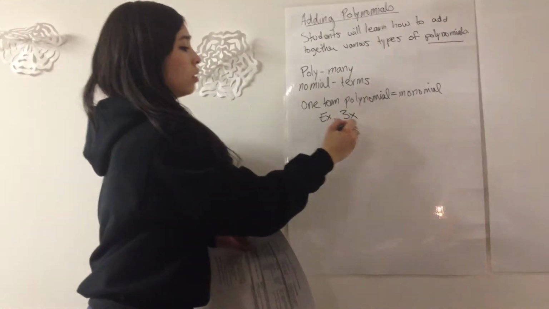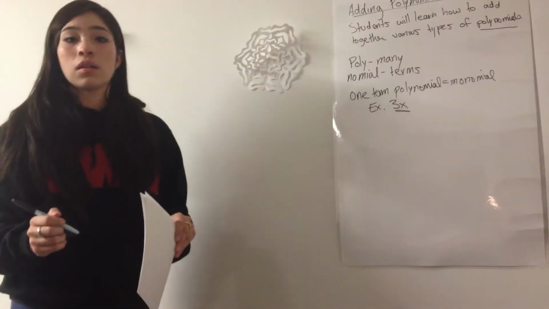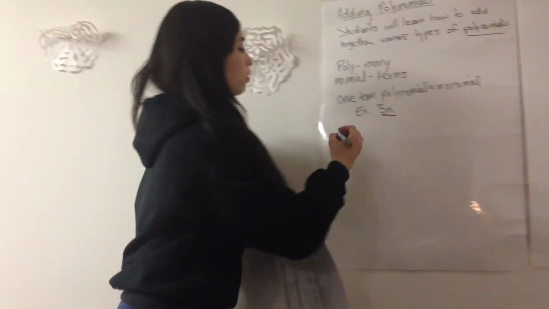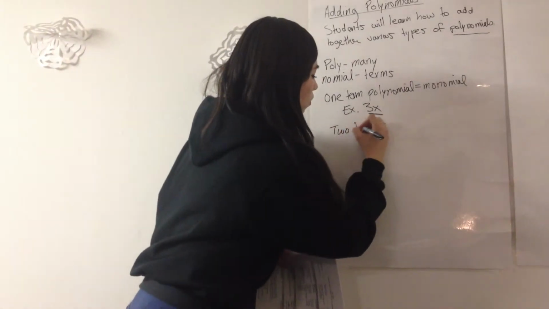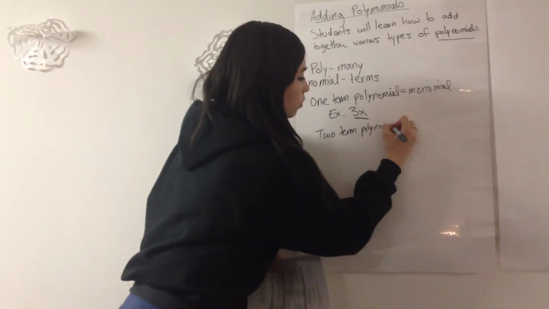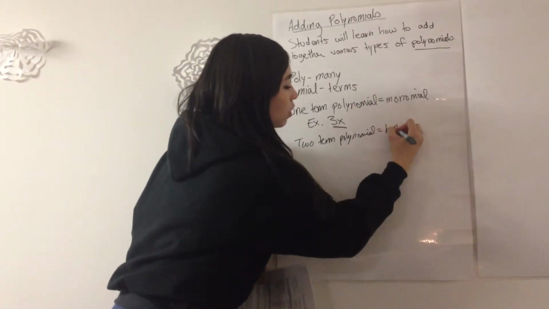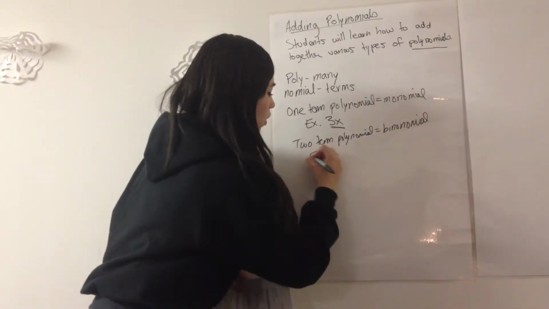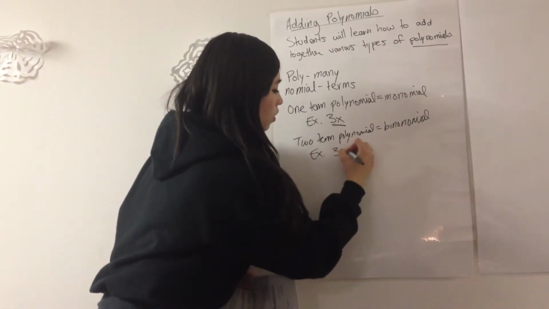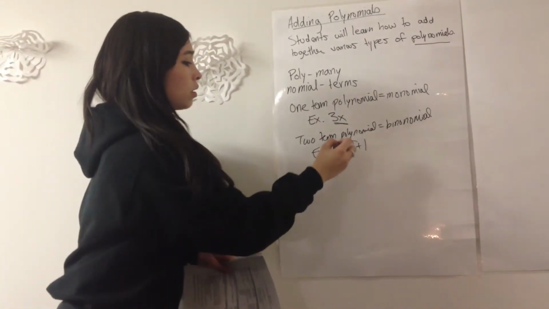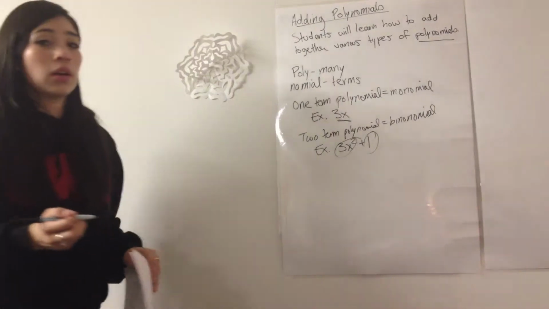It's just one term together, okay? A two-term polynomial is called a binomial. Example of this is, because there's two distinctive terms, 1, 2, okay?